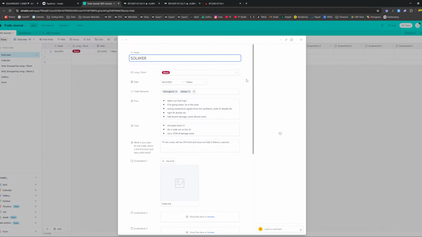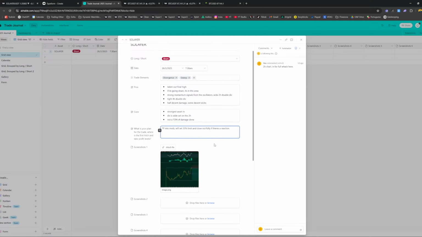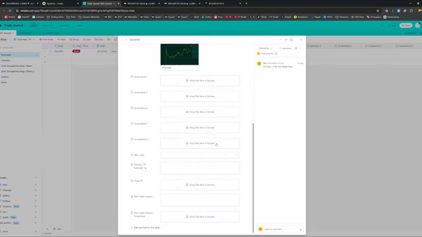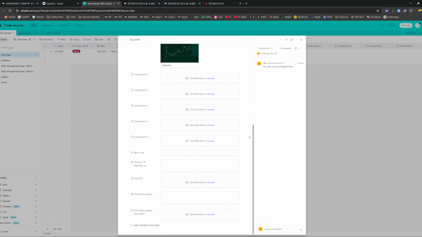But now it's just a journal, right? So short at the time, the trade elements, pros and cons, what's the trade plan for the trade, screenshots and documentation, 2-hour chart in for fallback here, right? So I'm just going to be using Airtable going forward as it's just a simple documentation journal style format.